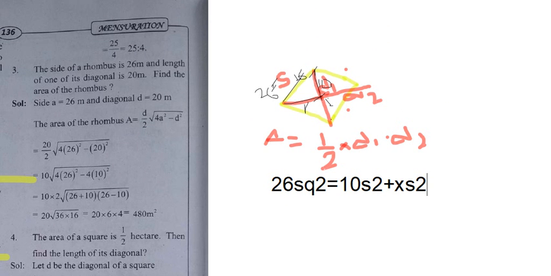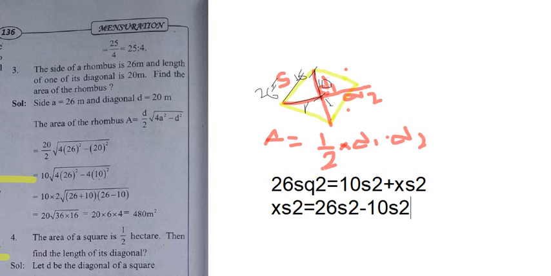minus 10 square, right? What is the value of 26 square? It is 676.